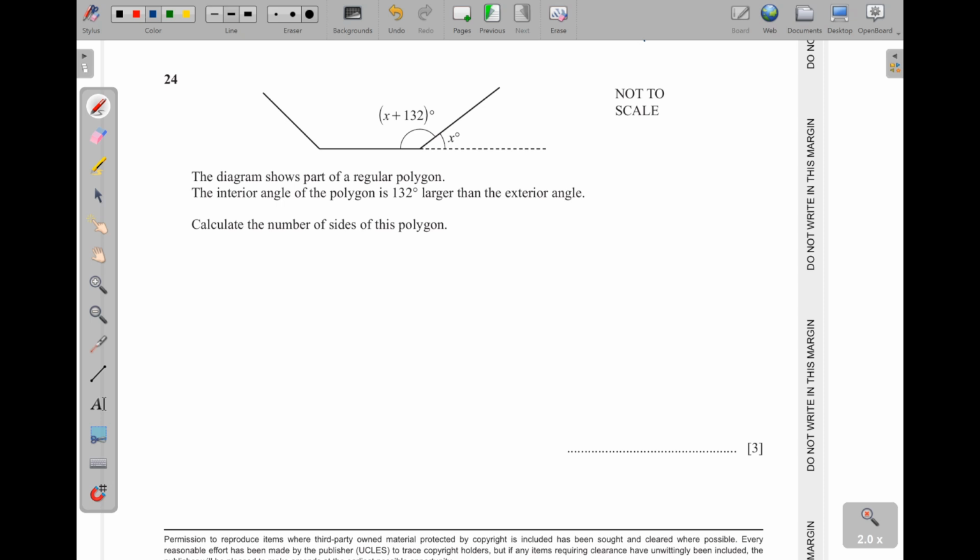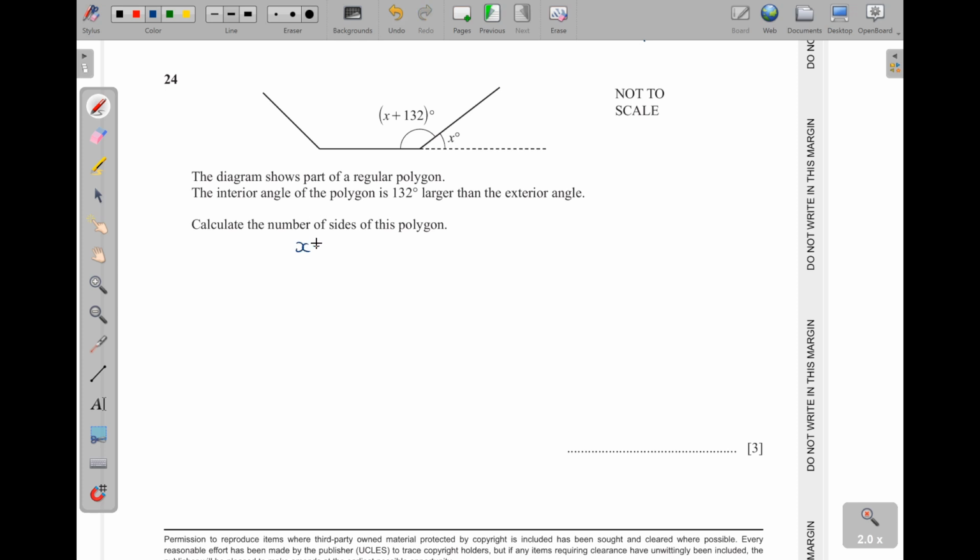Question 24. The diagram shows part of a regular polygon. The interior angle of the polygon is 132 degrees larger than the exterior angle. Okay. Then they are saying calculate the number of sides of this polygon. So on the look of things here, the exterior angle plus the interior angle, they equate to 180 because they are angles on a straight line.